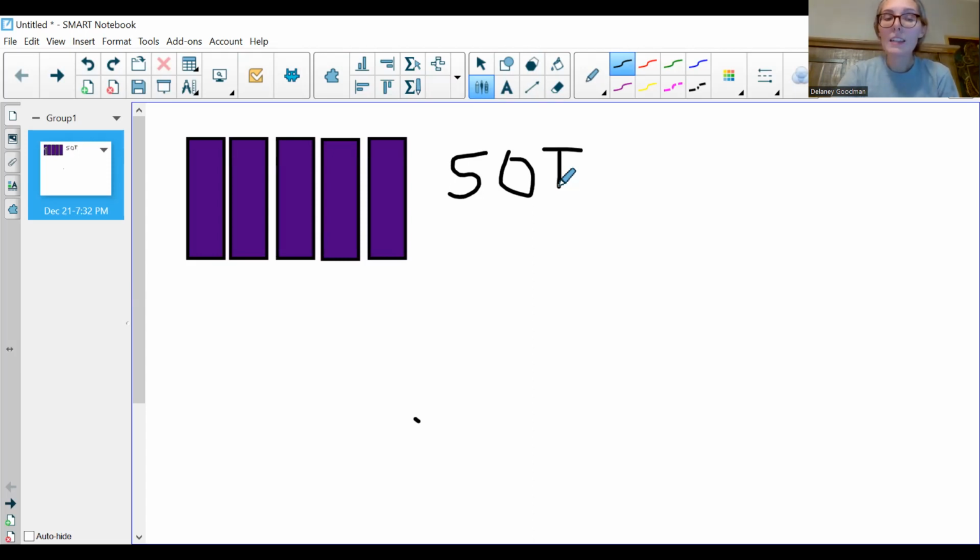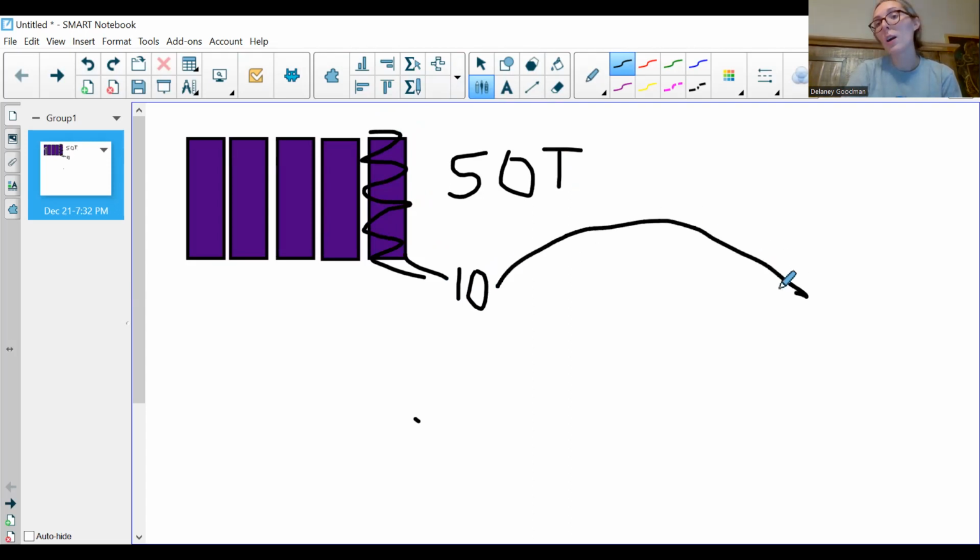If I need to take away 10, all I have to do is take away one single 10, right? Because each of these represent 10. So if 10 of them jumped away, then this is what it would look like. 10 of them jumped away.